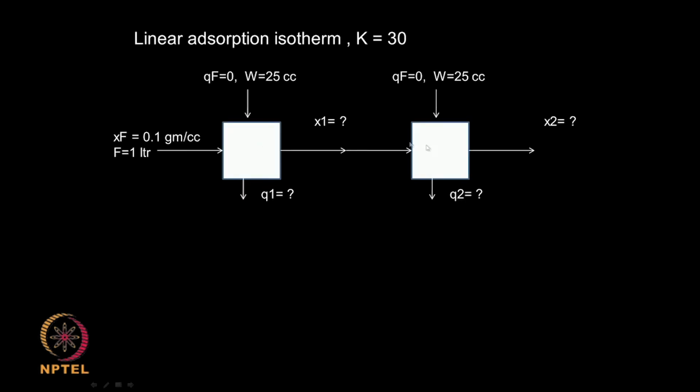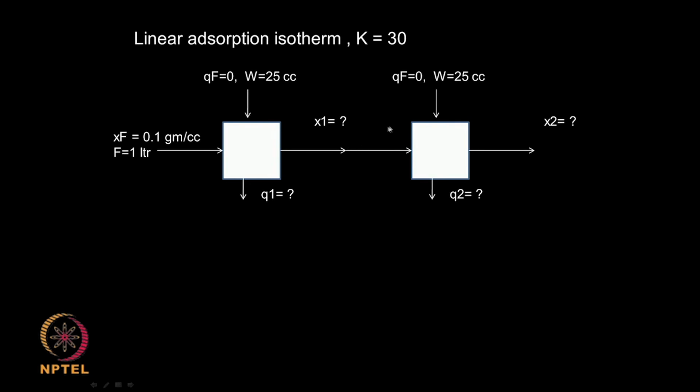Now, I can have two stages of adsorption, just like two stages of extraction. Each time I am adding some amount of fresh adsorbent, that is why I put QF equal to 0, you can see this. My feed is coming at 1 liter and the concentration of the solute is 0.1 grams per cc. Some solute gets adsorbed.